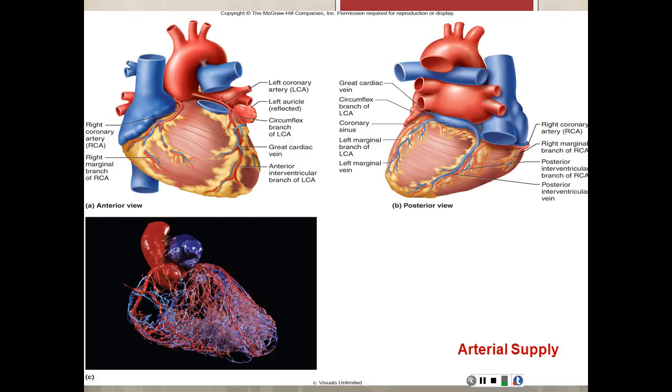This is what it looks like on the outside. So this is dealing with the blood supply to the heart itself. So we have our left coronary artery, or LCA. It's going to travel through the coronary sulcus, under the auricle. Here's the auricle here, and it divides into two.